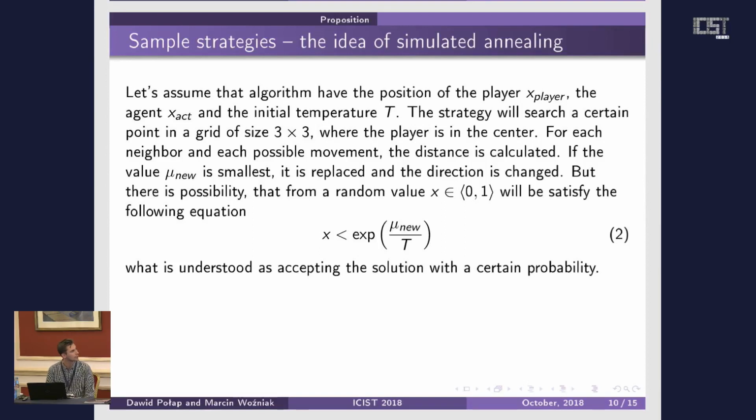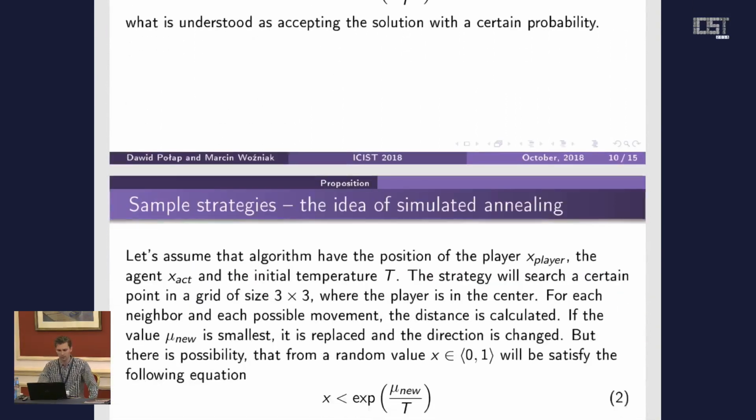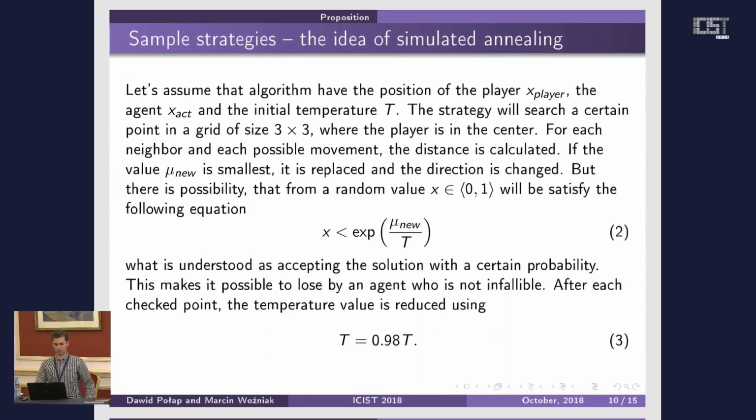Mu is understood as a position where our opponent can move. So we try to calculate this value, and the value is chosen when the equality in equation 2 is satisfied, which is understood as accepting the new solution.